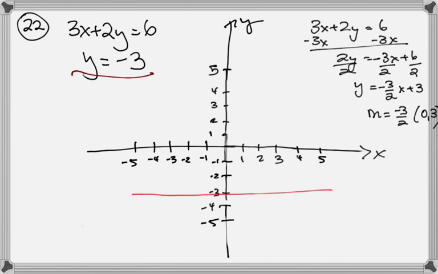Okay, let's see what's going on here. 0, 3 is right there. -3/2. 1, 2, 3 down and over 2. 1, 2, 3 down and over 2.